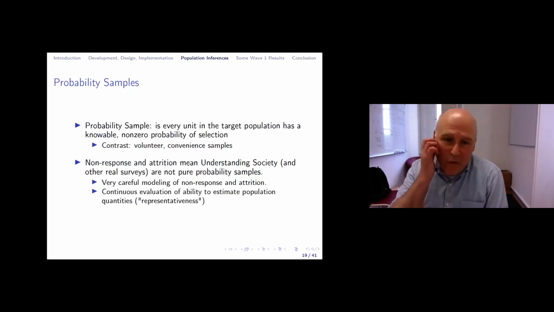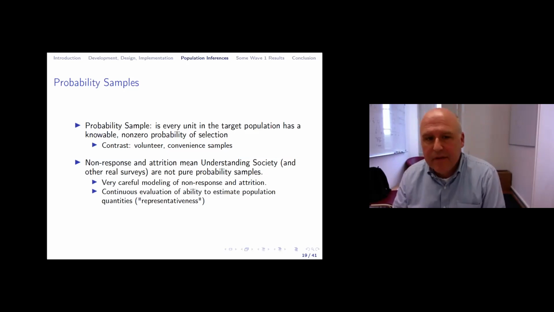So we think it's very important to start with probability samples. A probability sample is a sample in which every unit in the target population has a knowable non-zero probability of selection, and this contrasts with volunteer or convenience samples. Non-response and attrition mean that Understanding Society, like every other real survey, is not a pure probability sample. So we began with probability samples.